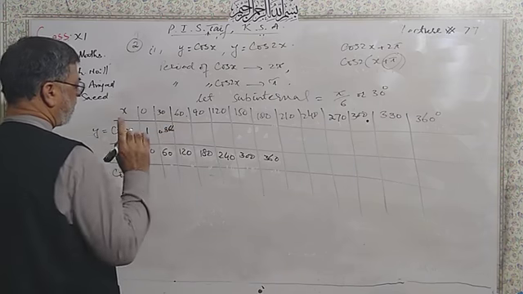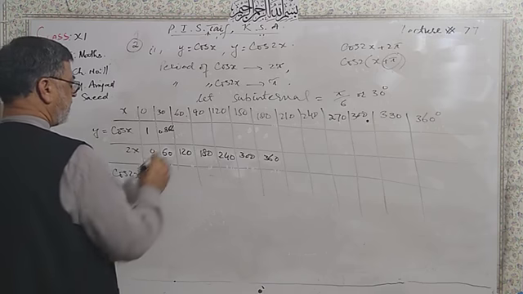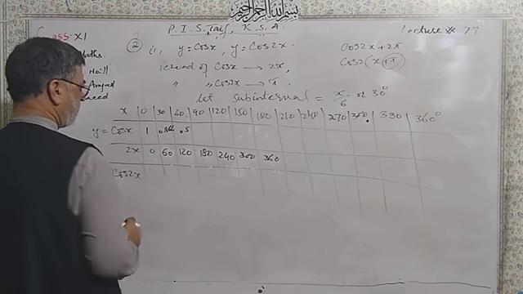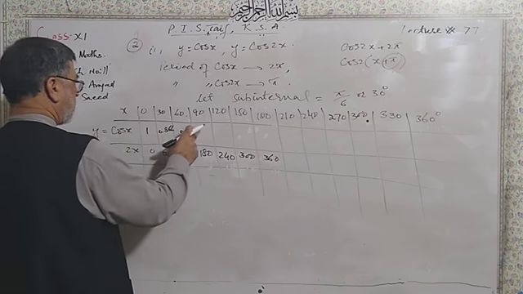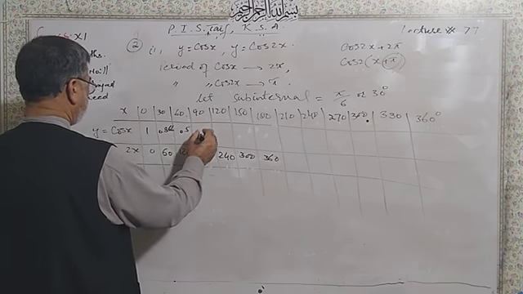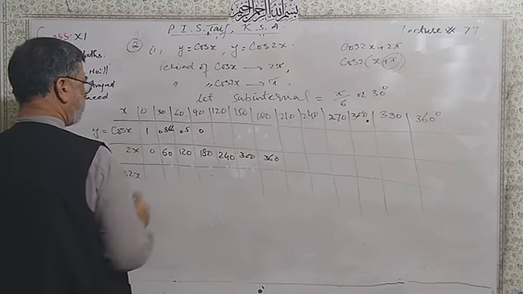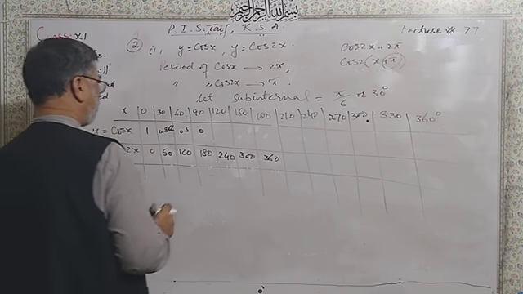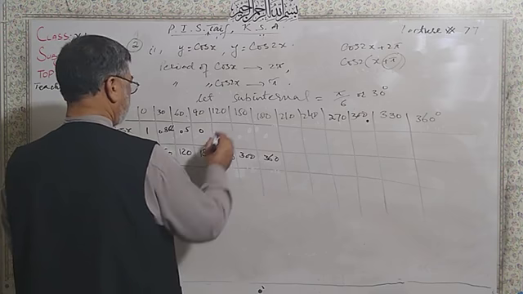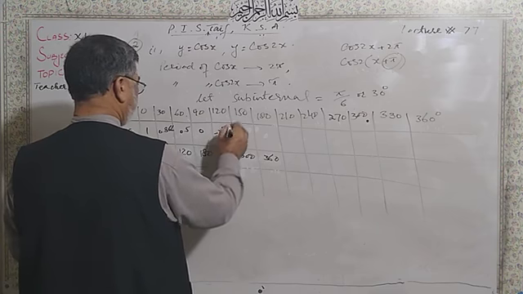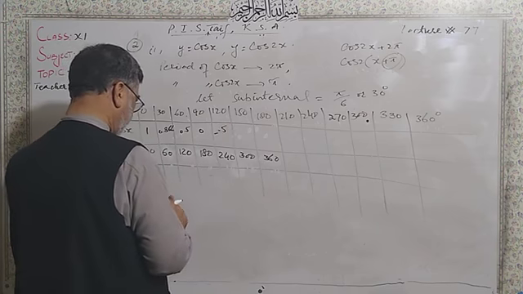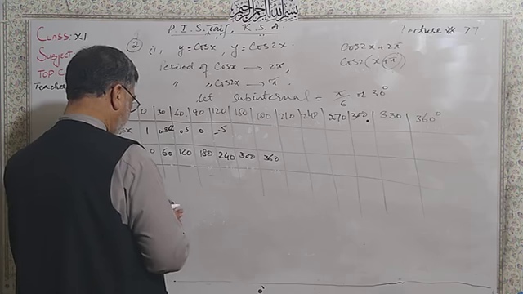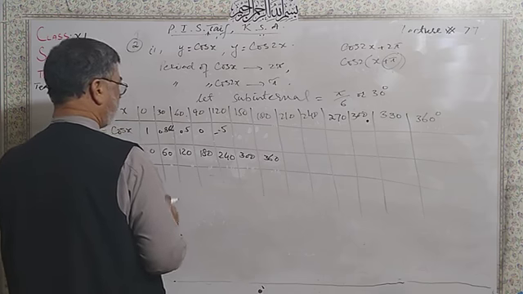Cos 60 is 0.5. Cos 90 is 0. Cos 120 is minus 0.5.